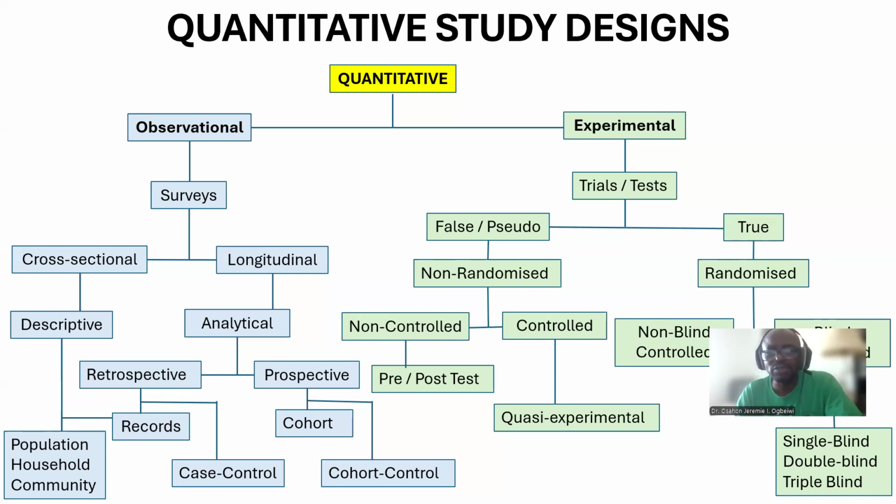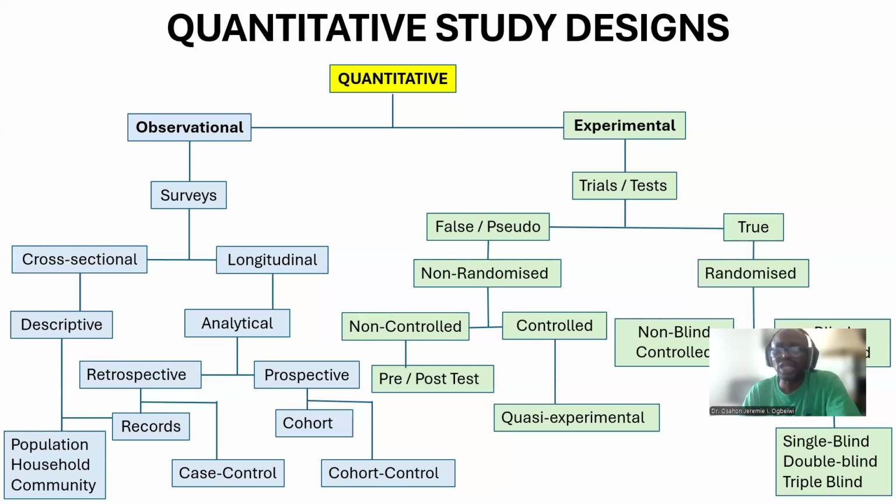So there are two types: true experimental studies and false experimental studies. What makes an experimental study true or false is randomization, whether the way participants were selected into the study groups was randomized or not.